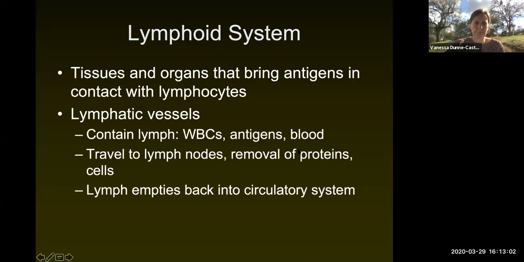Okay. So this stuff is all occurring in our lymphoid system. We haven't talked about this quite yet. I know that this is actually from chapter 12, but I think it's more pertinent to talk about it here.